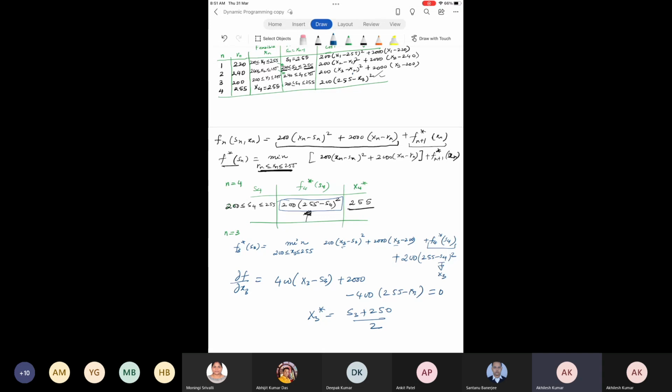Okay, let's see. What is the value S3 can take, guys? What are the ranges of values S3 can take? 240 to 255. So let's look at the extremes. If I put S3 equals 240, how much are we getting? If I put S3 equals 255, what am I getting?